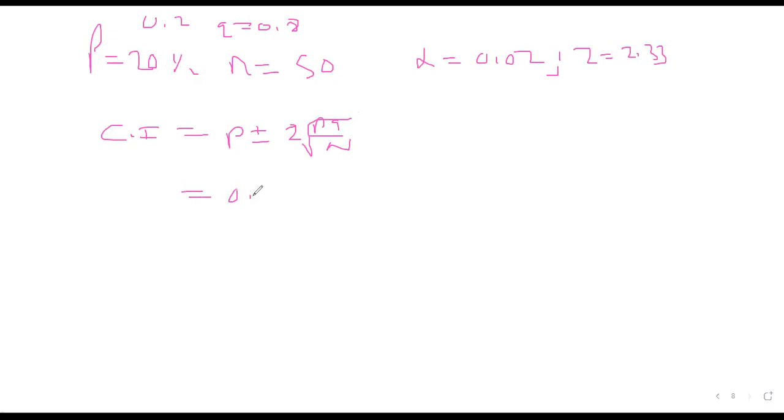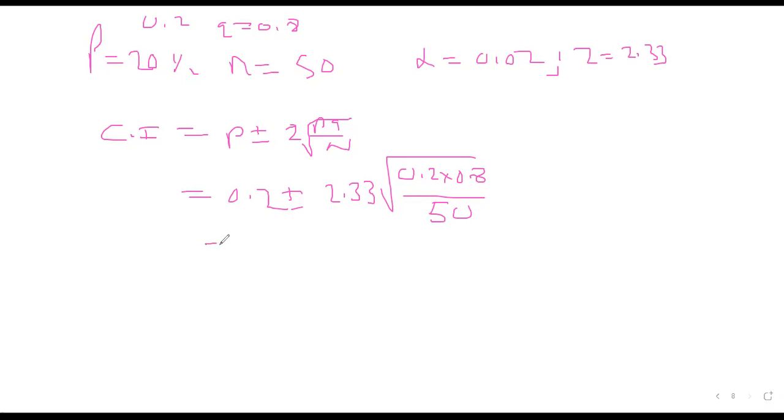So here it's 0.2 plus minus 2.33. Then here we put 0.2 times 0.8 over N. N is what? 50. So 0.2 times 0.8 divided by 50, square root of the answer, times 2.33.